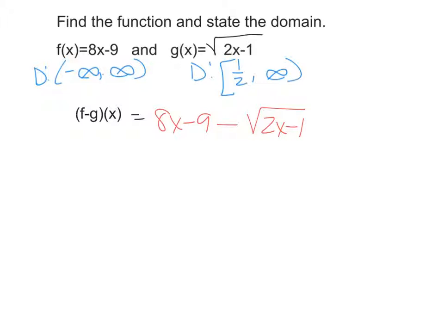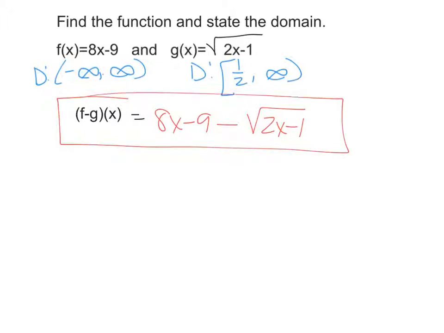Again, is there anything I can do to combine those? Nope. And your domain has to account for both problems. So again, because f of x is negative to positive infinity, the domain of this composition is going to go from 1/2 to infinity. Pretty cool, right?